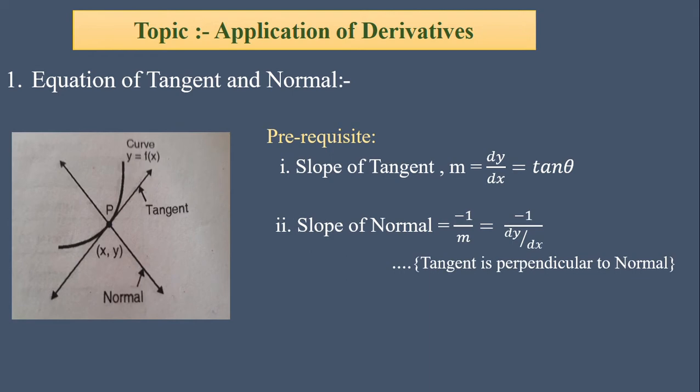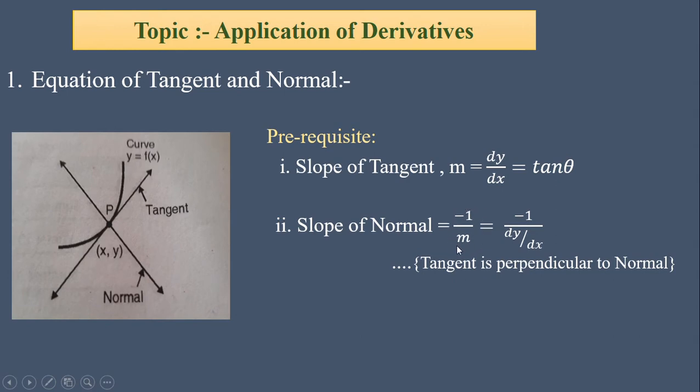Then to find the equation of normal, we will need the slope of the normal. The slope of the normal will be simply equal to minus 1 upon the slope of the tangent, because the normal is perpendicular to the tangent. If two lines are perpendicular to each other, the multiplication of their slopes is equal to minus 1.